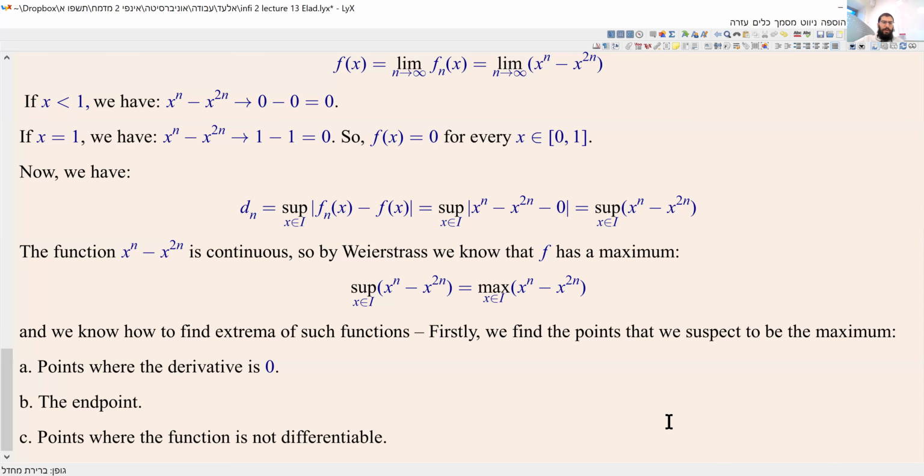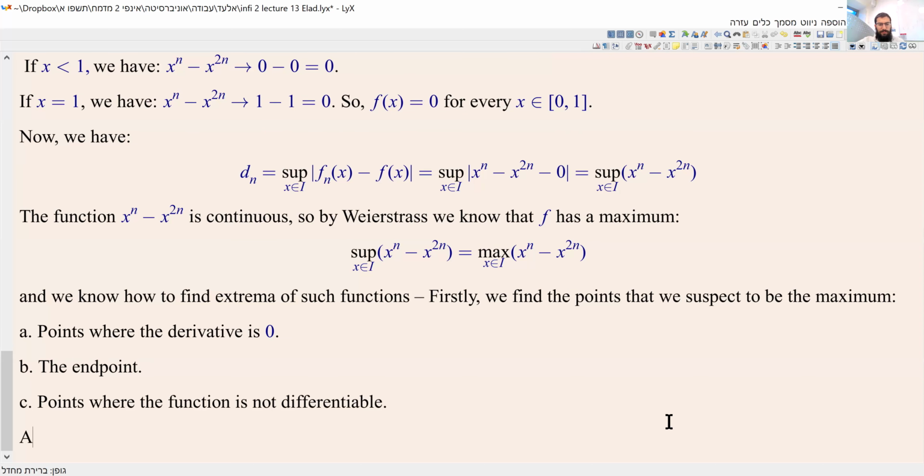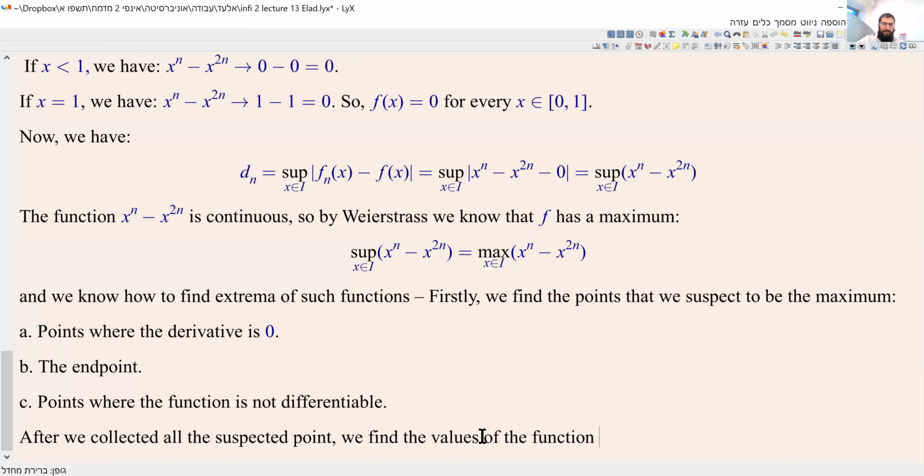And then after we collected, gotta catch them all, all the suspected points, we find the value of the function in every point.